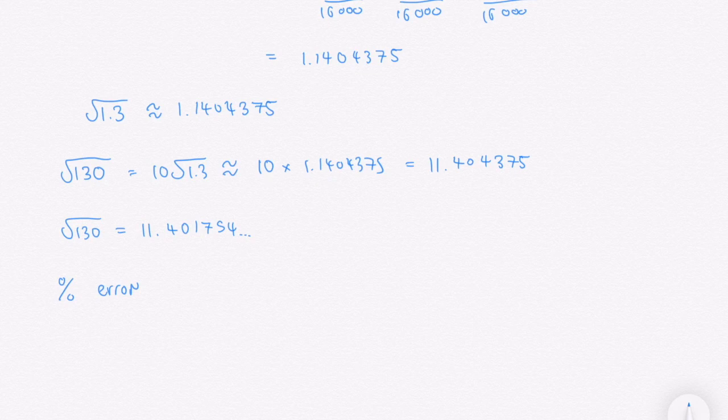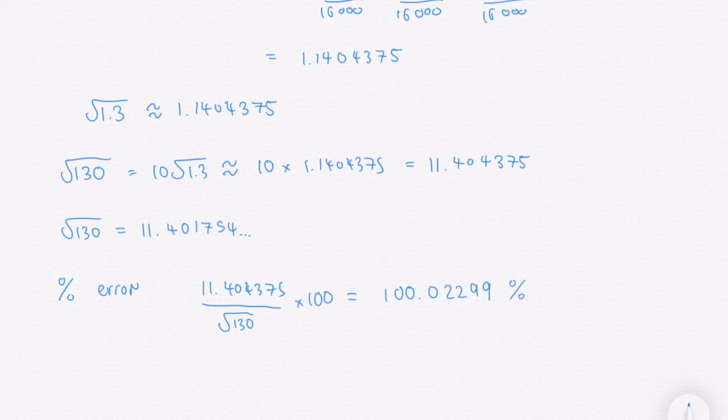Well, we do our approximation divided by our actual value of the square root of 130, multiplying this by 100. That gives us 100.02299 to 5 decimal places.